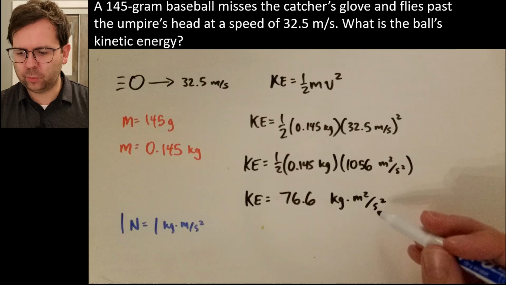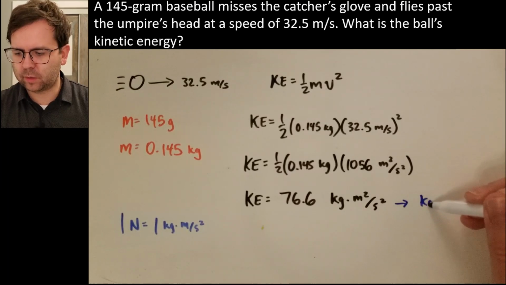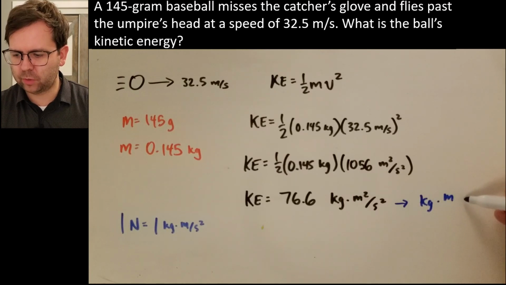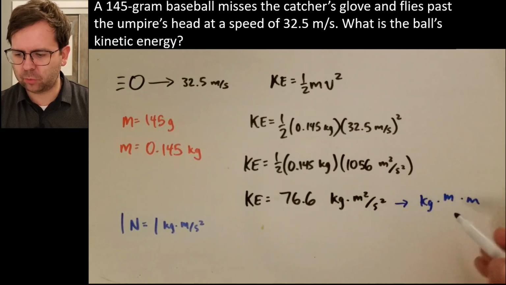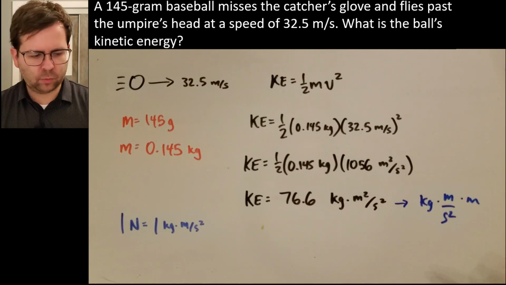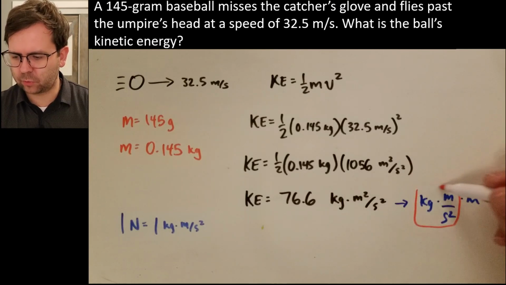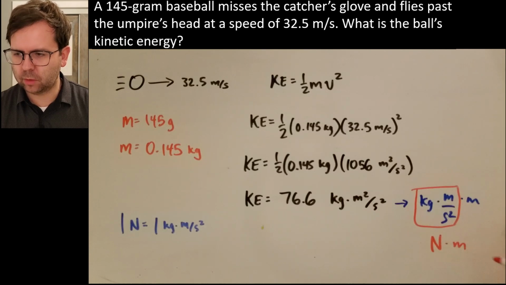And so what I can do is change the units to say kilograms times meter per second squared, times meter, taking one of the meters out, because meters times meters is the same as meter squared. I did that because this kilogram times meter per second squared is a newton. And so a newton times a meter, well, that's a joule.